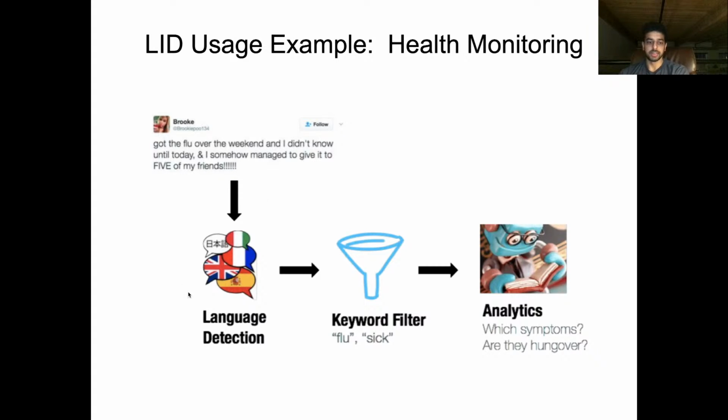But if you get this language identification part wrong, then your keywords are going to be in the wrong language as well, which means that you're not going to be able to accurately measure whether this tweet is actually exhibiting some sign of illness or not.